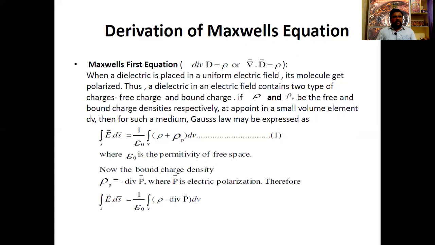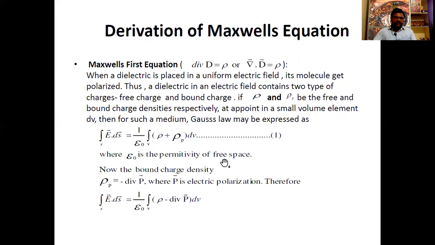If rho and rho p are the free and bound charge densities respectively, at a point in a small volume element dV, for such a medium, Gauss law may be expressed as surface integral of E bar dot dS bar is equal to 1 by epsilon naught volume integral of (rho plus rho p) dV.